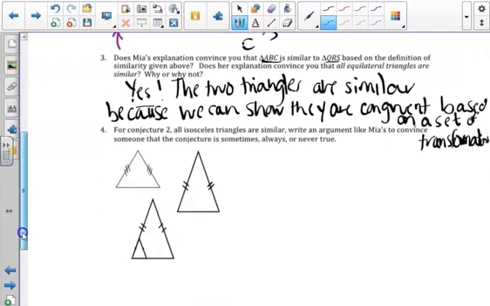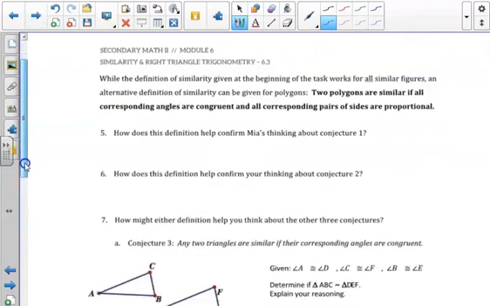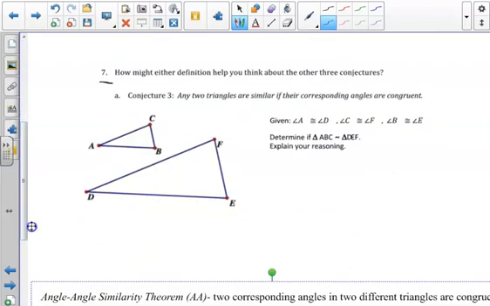So now let's look at a formal proof on the next page, scrolling down to number 7, conjecture 3, that any two triangles are similar if their corresponding angles are congruent. So what we are given, the first thing we need to do is mark the given.